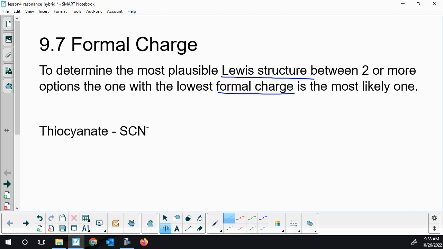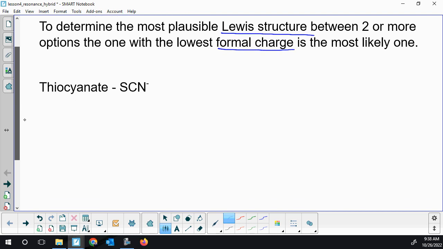If something only has 4 valence electrons and we end up starting to assign 6 or 7 around it, that's not very likely that all those extra electrons are going to come in. Okay? So the structure with big differences between how many valence electrons it has and how many we put around it are going to be unlikely. Okay? The most probable structure would have, if carbon has 4 valence and we assign 4 around it, that's very likely.